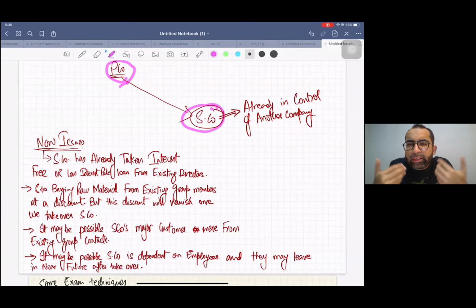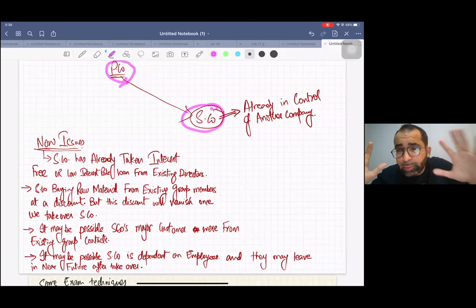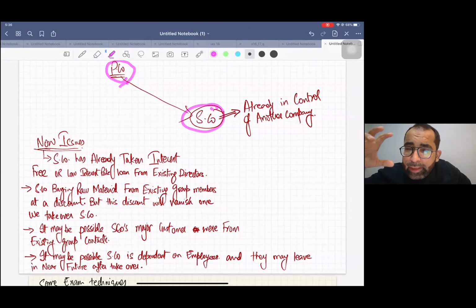Acquiring S company means buying the running business of S company. That means obviously P company has to invest millions or billions of dollars or pounds, right? So it's a big decision. So before acquiring, the parent company verifies whether this investment is okay or not.